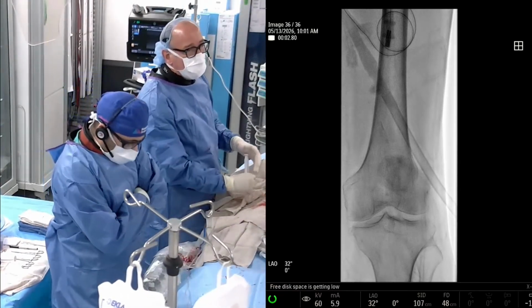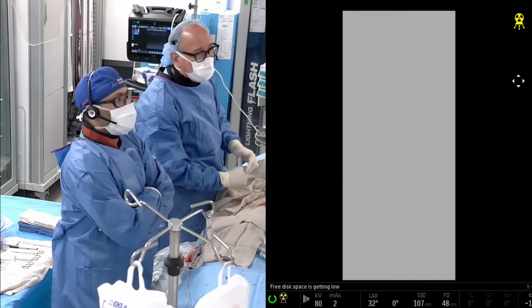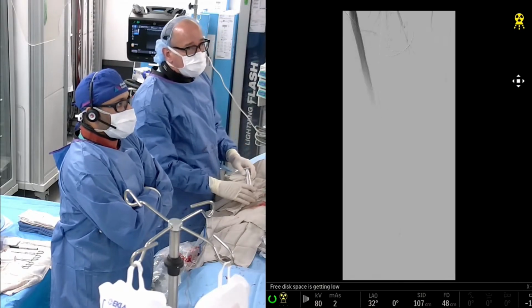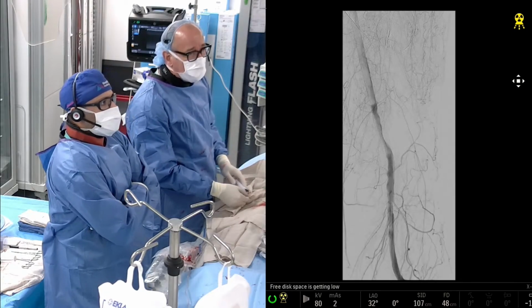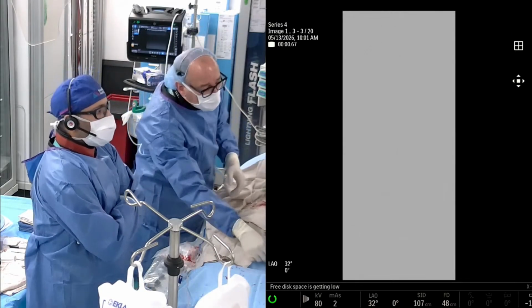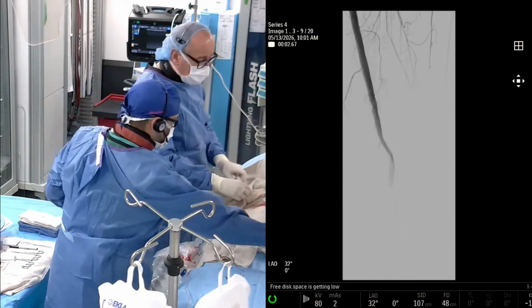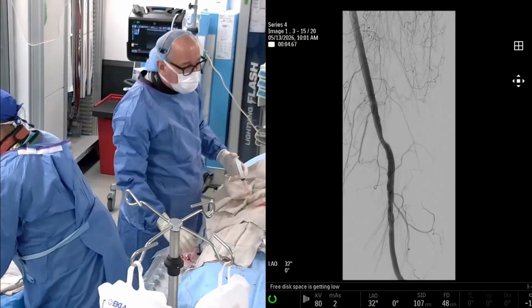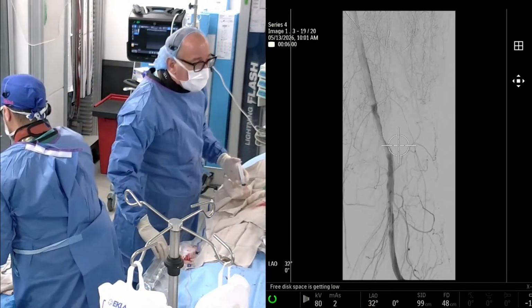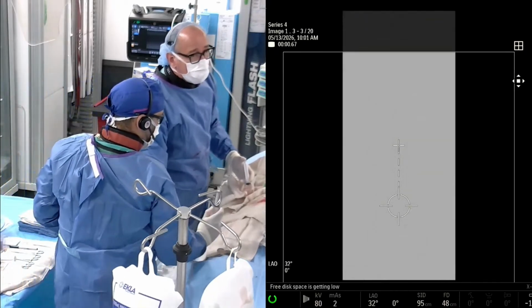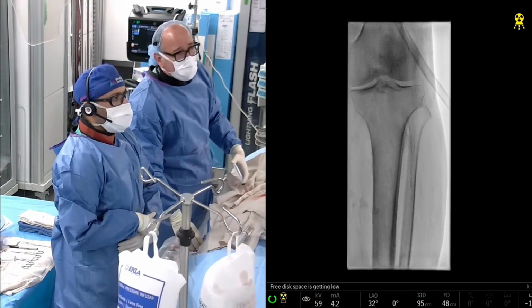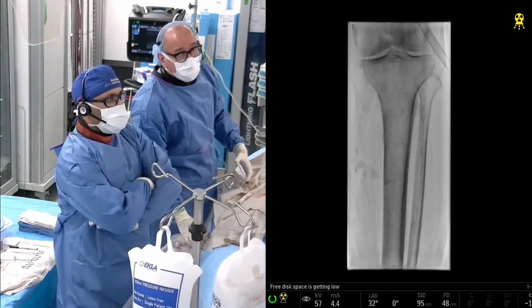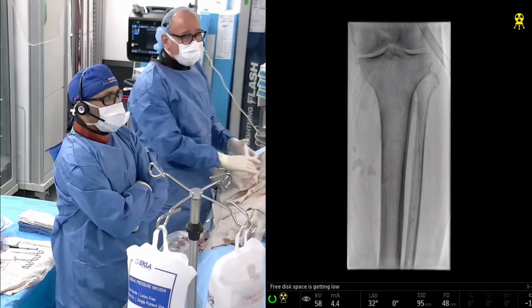Go ahead, thank you. Again, popliteal artery looks relatively unremarkable. And we're going to, again, focus down below. Do another diagnostic angiogram here. And I'm going to put the knee joint at the top of the screen. And let's go again.